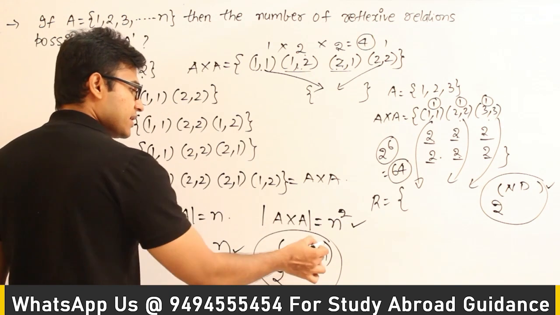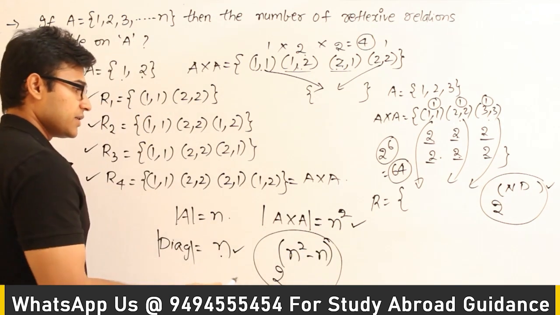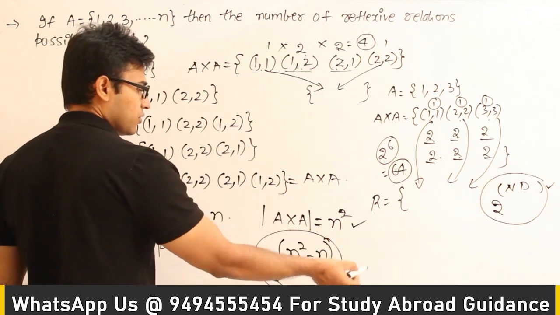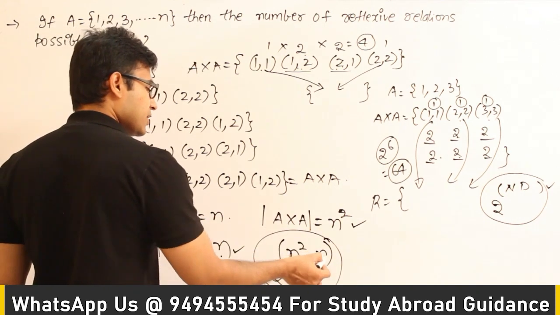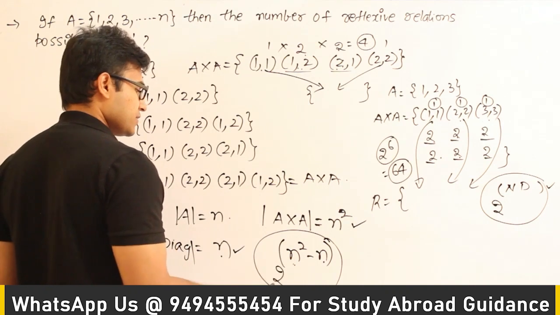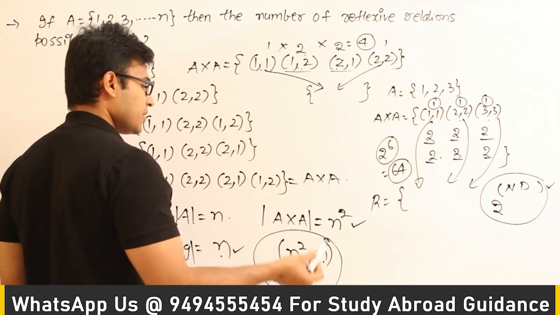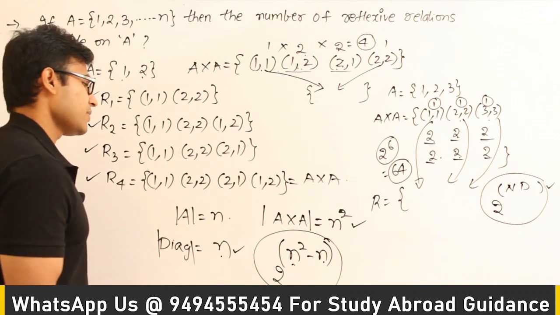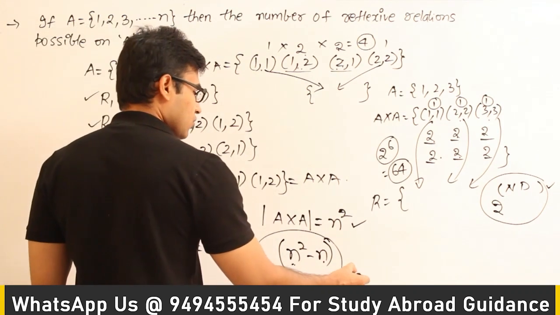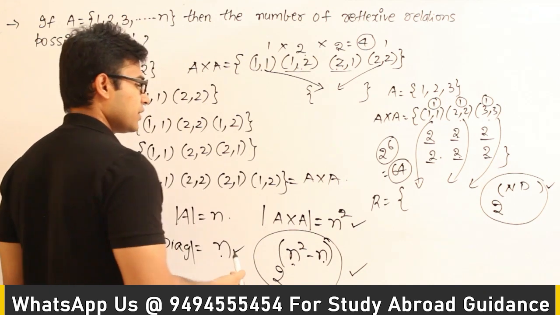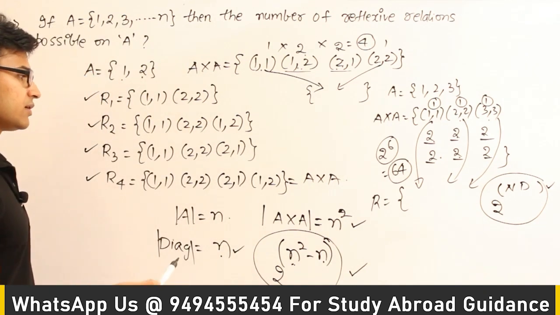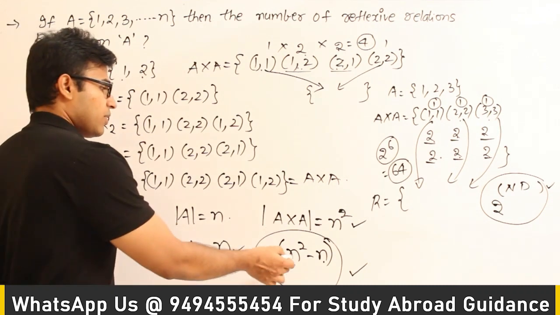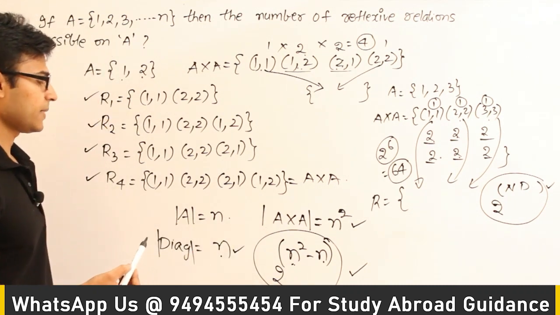Because if a relation has to be reflexive, we are going to include all the n elements for sure, and for the remaining n square minus n elements we have two choices. We may include them or we may not include them. Therefore we are going to get 2 power n square minus n such relations. So the total number of reflexive relations on a set A having n elements is going to be 2 power n square minus n, right?